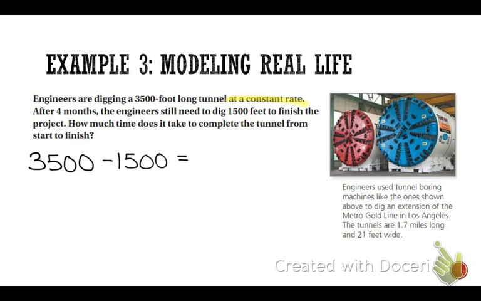Does everybody agree? If they started at 3,500 and then they had 1,500 left, that means they dug 2,000 feet in 4 months, right? So I can divide it by 4 to figure out how many feet per month. 500 feet per month. Okay?